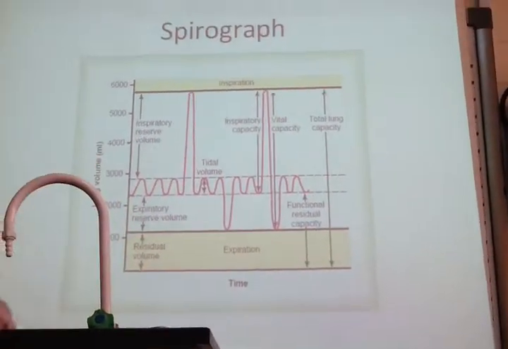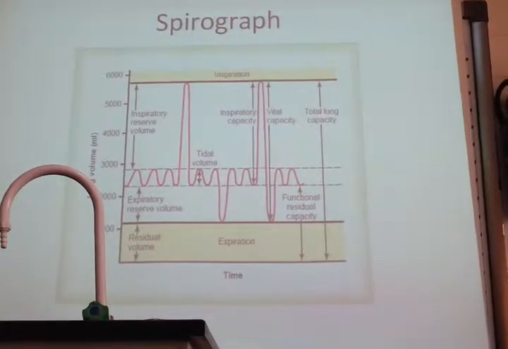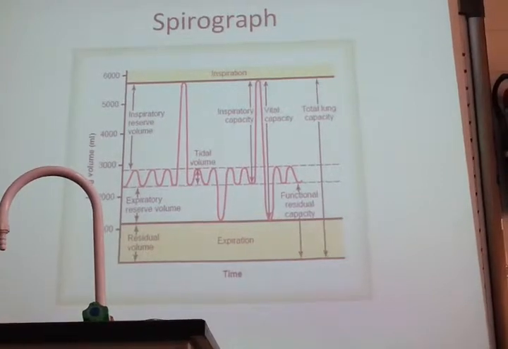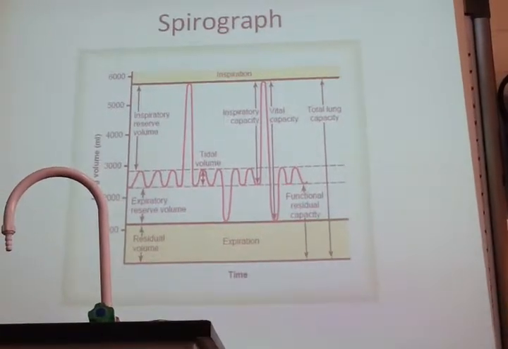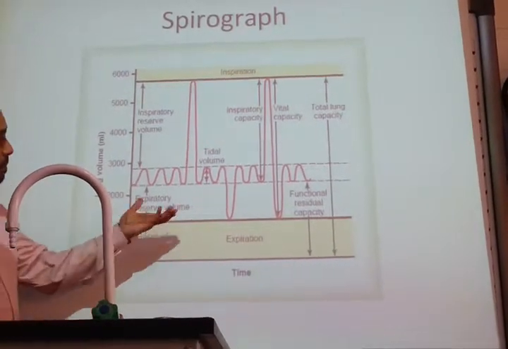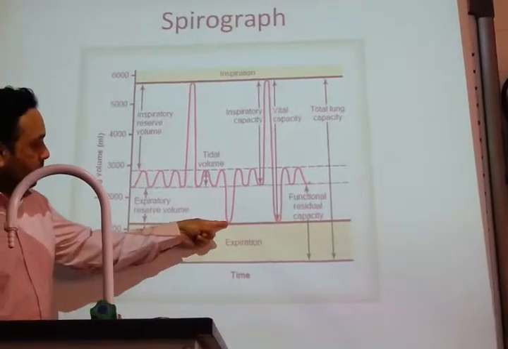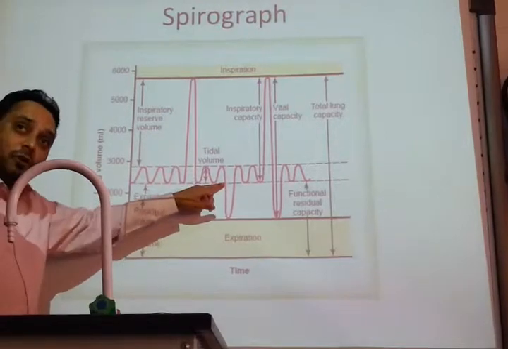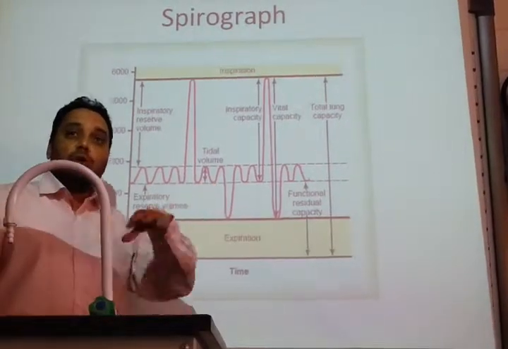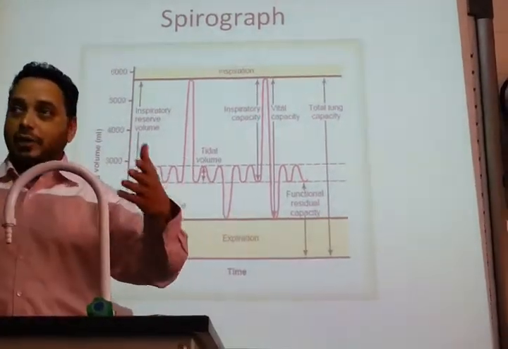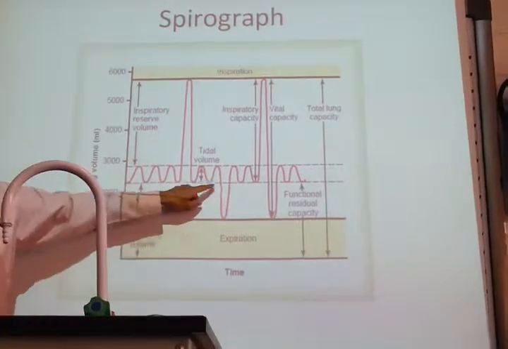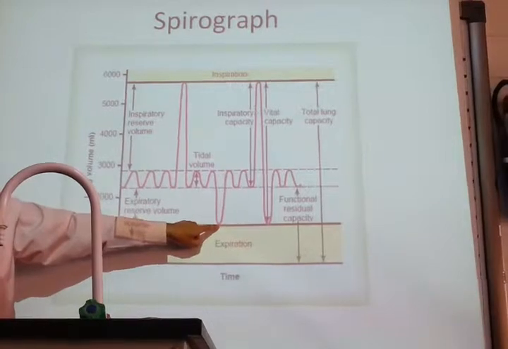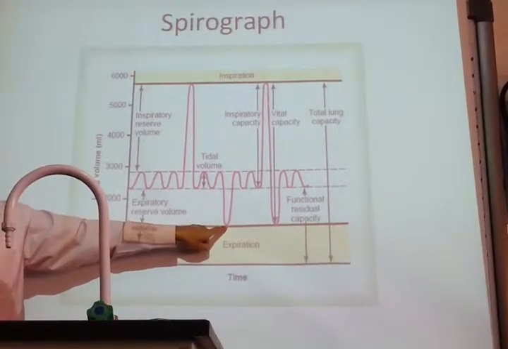We were talking about functional residual capacity. What was the definition? Expiratory reserve volume. What is the expiratory reserve volume? This is the normal tidal volume. Reserve means more that you can give out after normal. Up to here is normal. From here to here is with effort, with force.